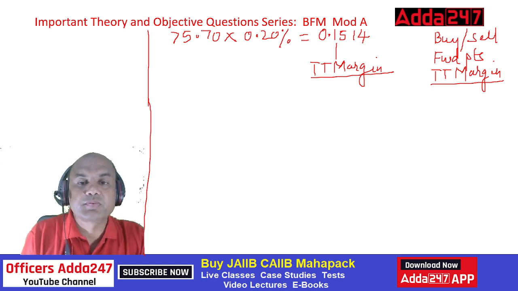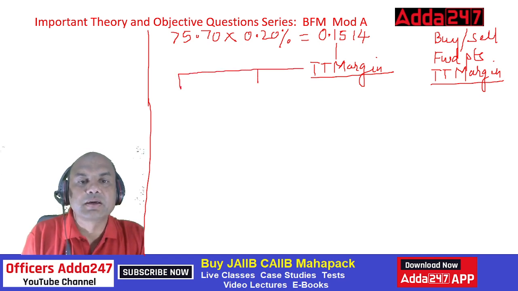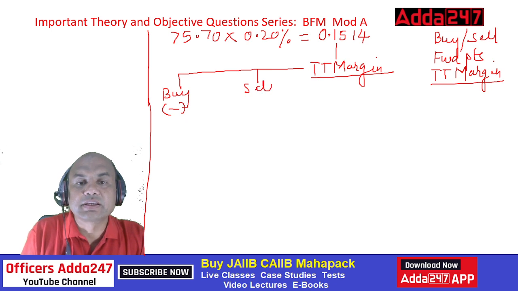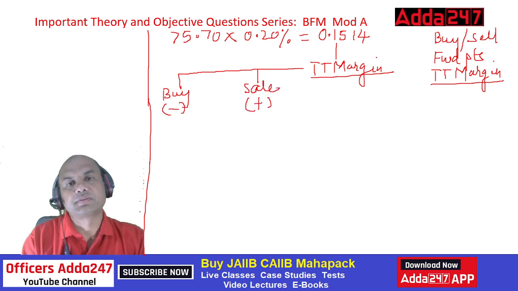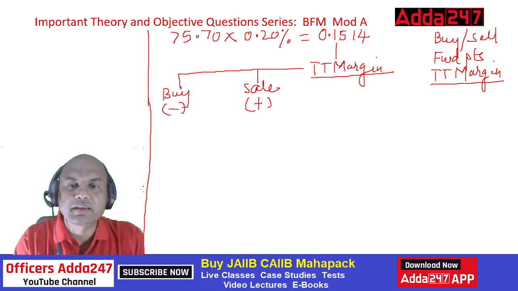Always remember for the TT margin: whenever it's a buy transaction, you will always subtract it. Whenever it's a sale transaction, you will always add it. Keep it very simple. Buying, you will subtract it. Selling, you will add it.